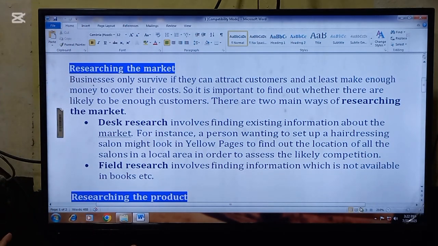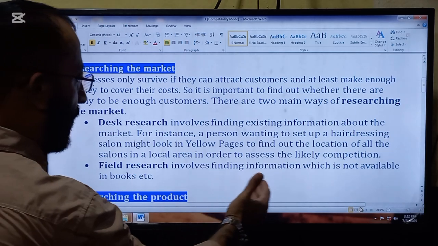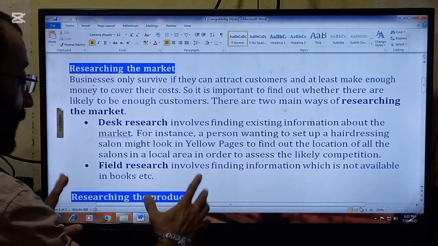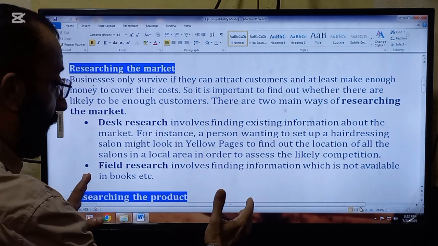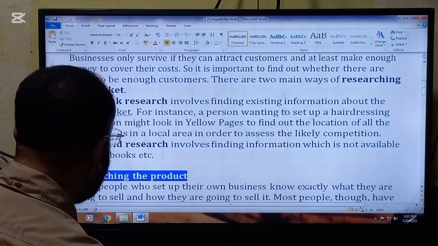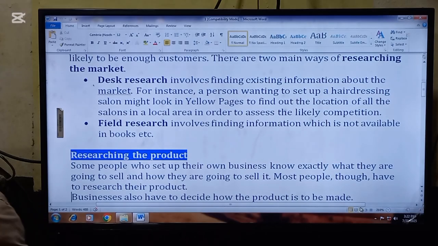The second type of research is field research. It involves finding information which is not available in books, etc. This kind of information you have to work for; you have to go into the field and look for the information you require.